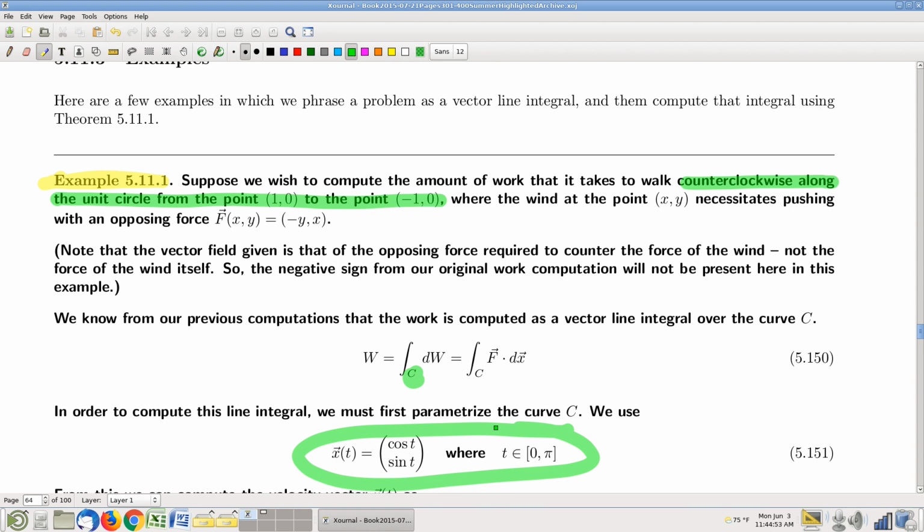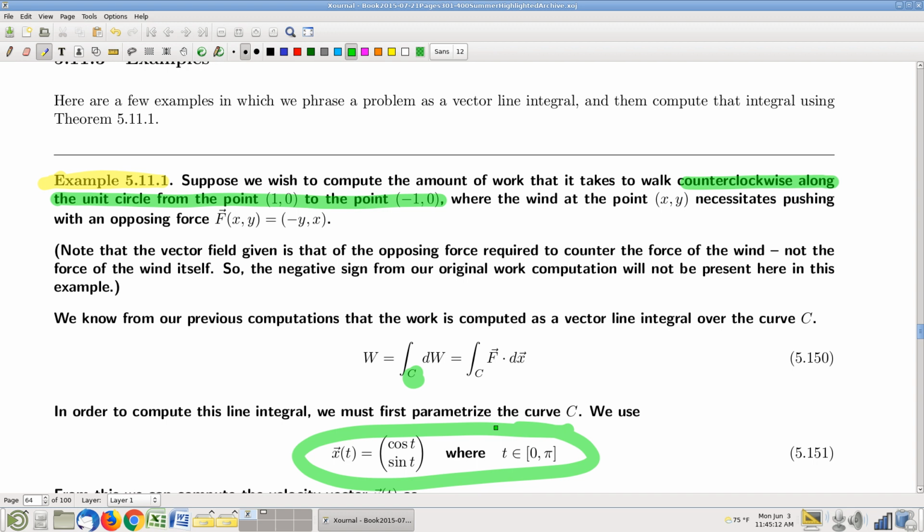Now, y'all remember parametrizing. Again, every curve's a little bit different, but for the unit circle we have a convenient, standard parametrization. This parametrization is going counterclockwise, just what we wanted.